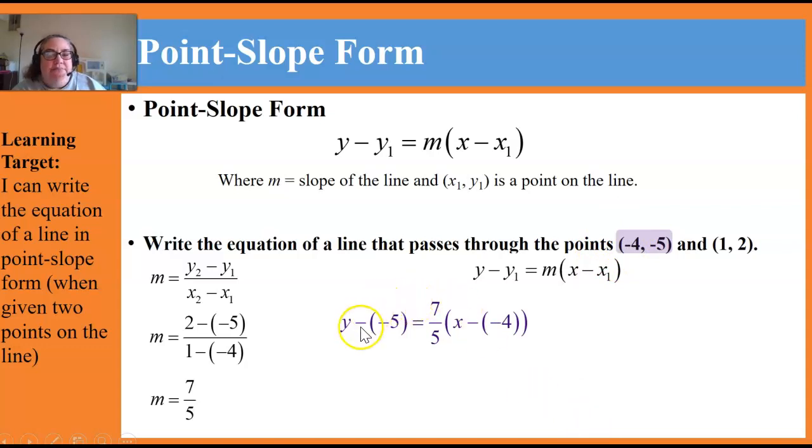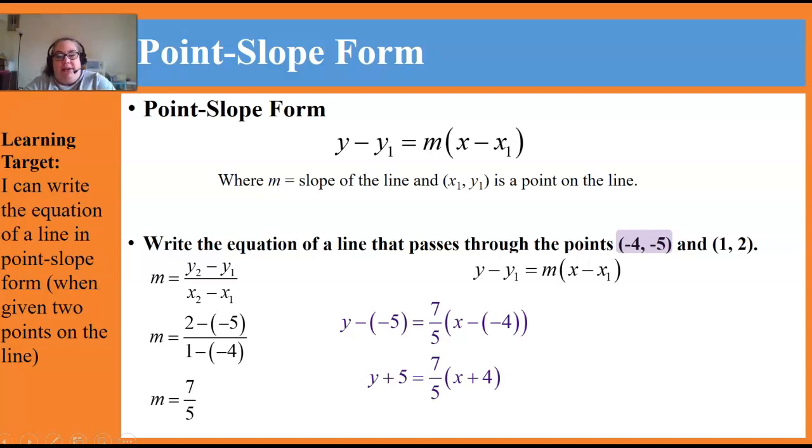Now this is not as simplified as we would like, because we don't like to see minus and negative. So I'm just going to simplify this by saying it's y plus 5 equals 7/5 times x plus 4. Now, in terms of simplifying, you're done. In point slope form, you're expecting to see parentheses. So this is it. This is point slope form, and this is one form of the equation.